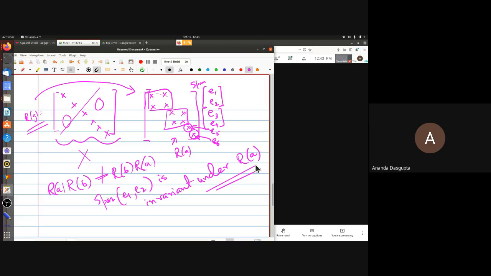You are not going to mix up the others. So basically it is breaking up your 6-dimensional space into smaller pieces, which are all invariant under the action of the group symmetry elements. Is this much clear?